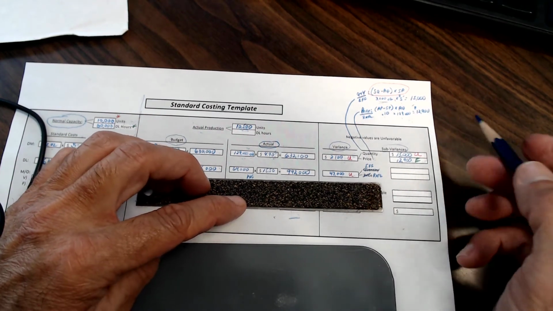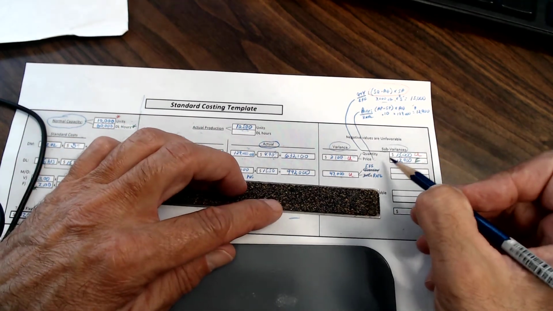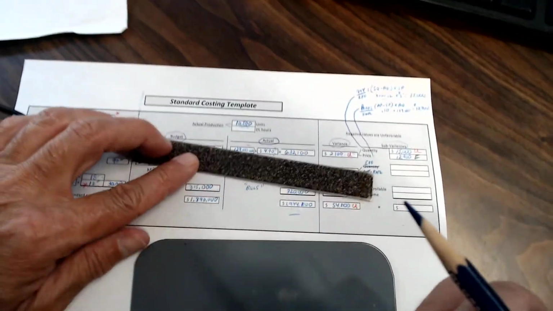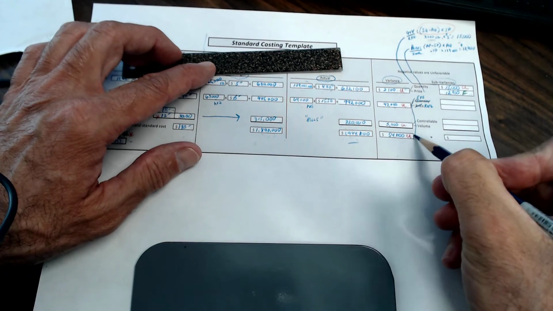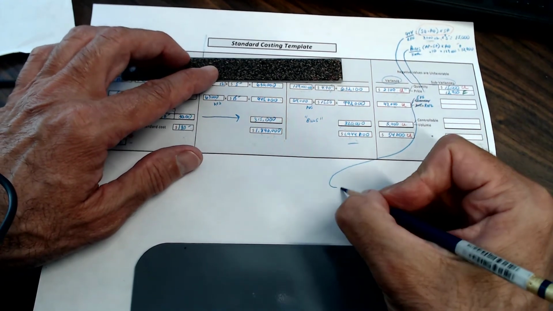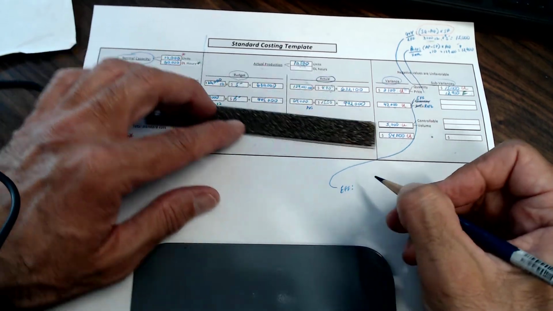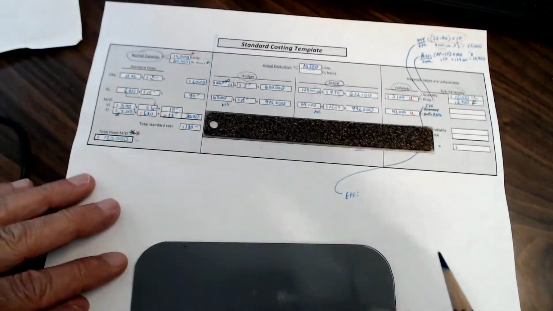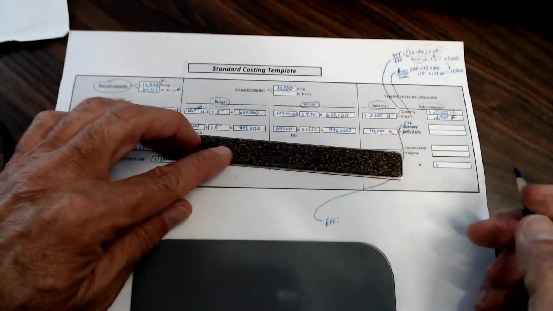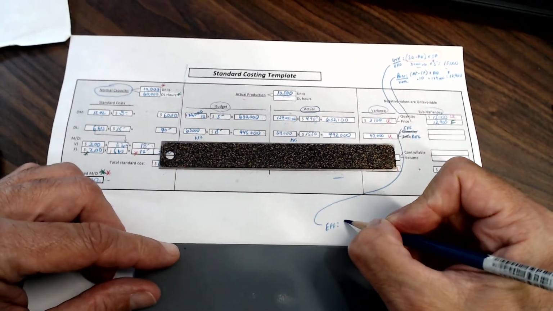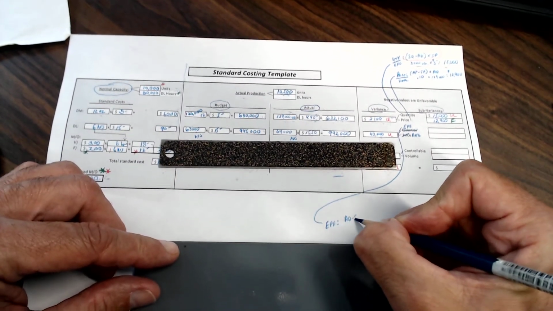Let's calculate this out. Where should I put this? How about if I drop this right over here. We'll calculate efficiency right over here. And now efficiency is a function of actual quantity minus standard quantity.